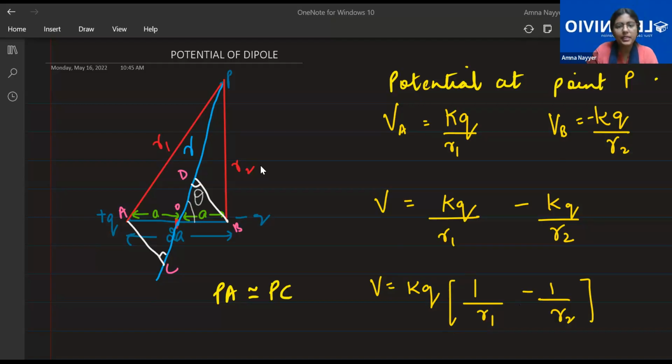PA and PC are equal by geometry, we have constructed it. This is a construction in the derivation. This R1 was greater than R, so we have extended it so that this becomes equal. And yes, then this is an isosceles triangle.